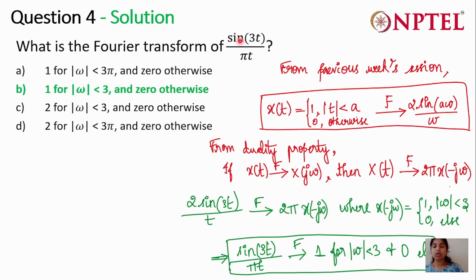So we are using the duality property to find the Fourier transform. The Fourier transform of sine of 3t by pi t becomes 1 for mod of omega less than 3. So here a is equal to 3. So the answer is B, 1 for mod omega less than 3 and 0 otherwise.